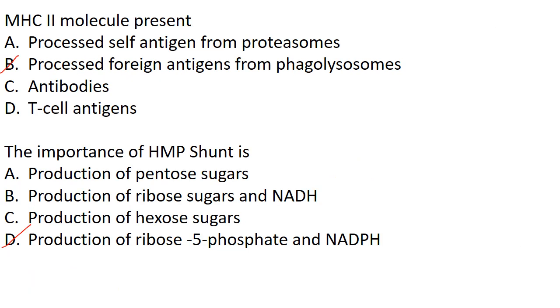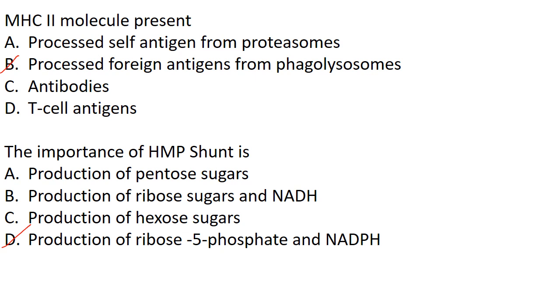Then, what do MHC2 molecules present to T cells? Processed self-antigen from the proteasome, that is presented by MHC1, not MHC2. Processed foreign antigens from phagolysosomes, that is presented by MHC2. Answer is option B. Then next one.